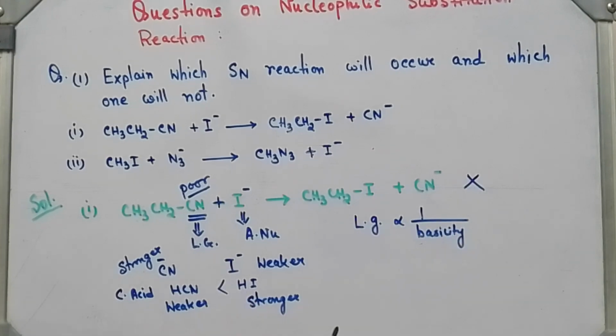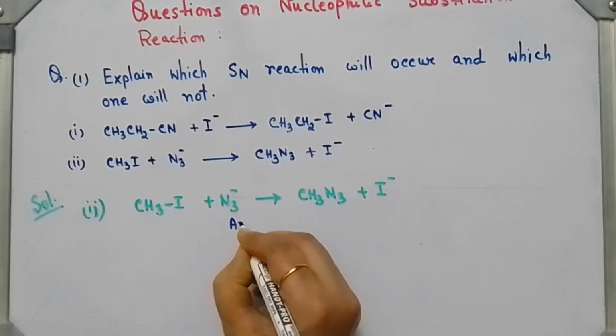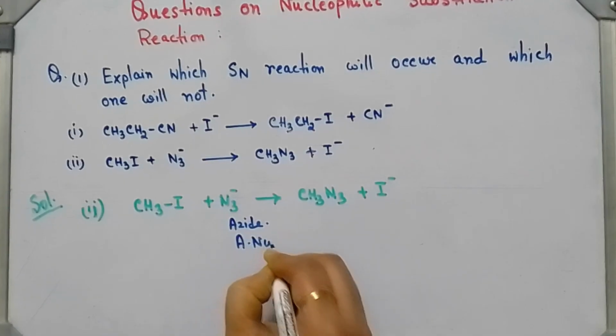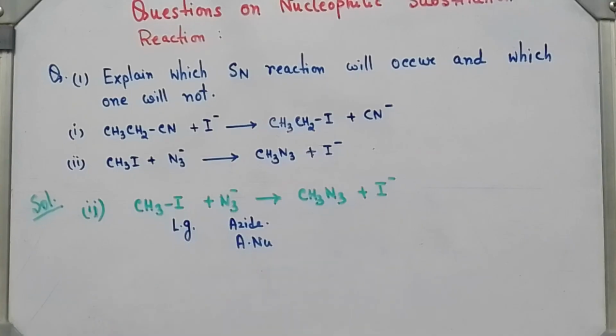So what we have to see, whether the leaving group is sufficiently good leaving group. In the next example, azide. This is azide ion. This is attacking nucleophile and I minus is leaving group. We know I minus is highly polarizable, therefore it's a good leaving group.